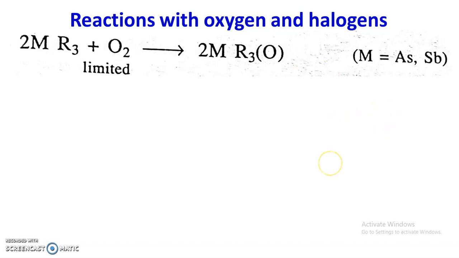The metal carbon bonds remain as they are, only there is an attachment of oxygen. So the oxidation number of M can be extended. So when trialkyl arsenic or trialkyl bismuth or antimony is treated with a limited supply of oxygen, there is a reaction between the organometallic compound and oxygen. There is oxidation of this compound. The reaction is exothermic.